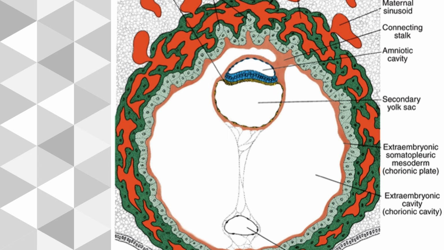In the beginning it was primary villi containing the central core of cytotrophoblast and the periphery of syncytiotrophoblast. Now you can appreciate extraembryonic mesoderm grows into this primary villi. So what are the layers now? A central core of extraembryonic mesoderm surrounded by cytotrophoblast and syncytiotrophoblast. Now it will be called the secondary villi.